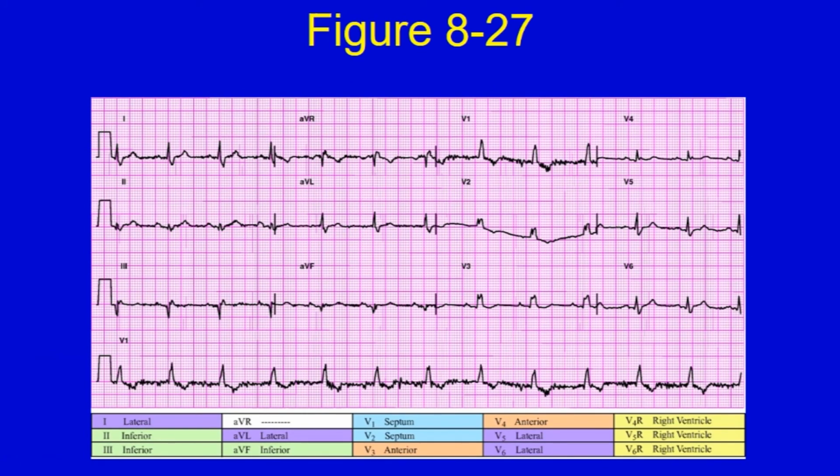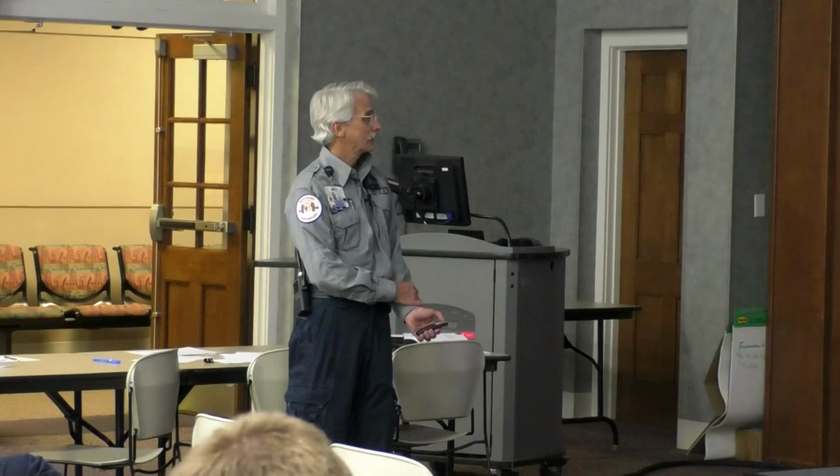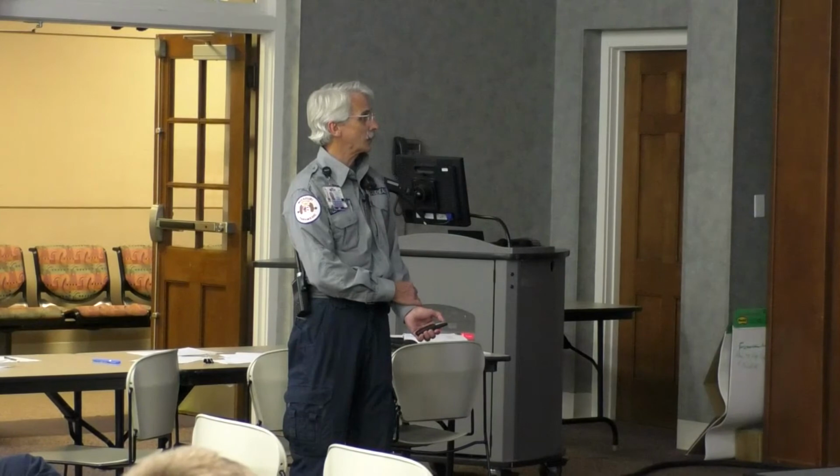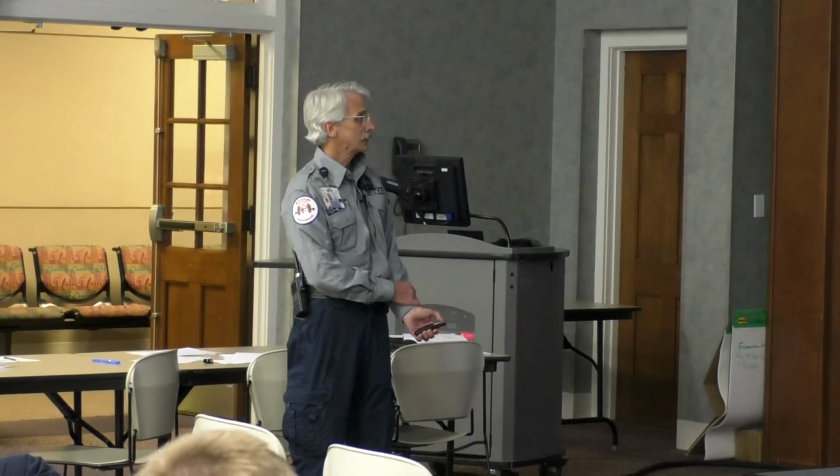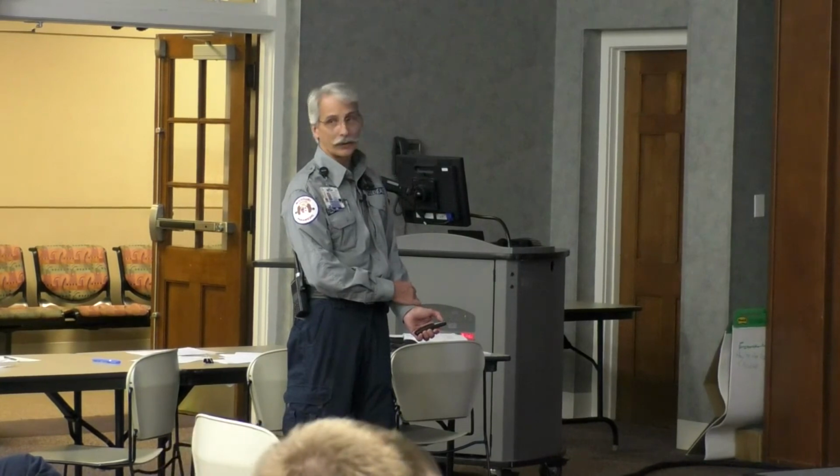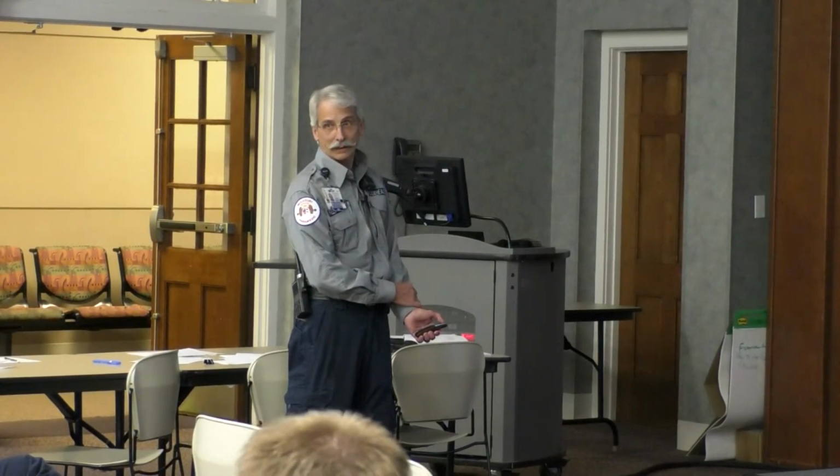How about here? Yeah, maybe, looks like there's a downward deflection after. So is there any upward deflection before the downward in this one? Yeah, a little bit, right there.